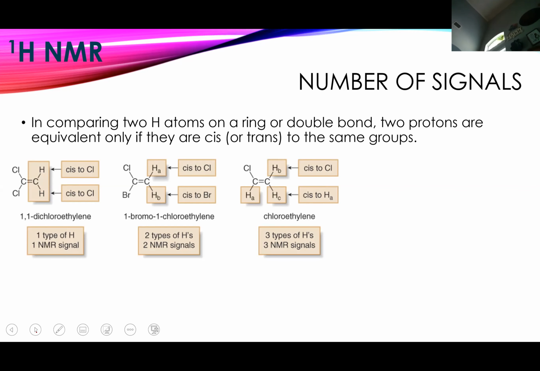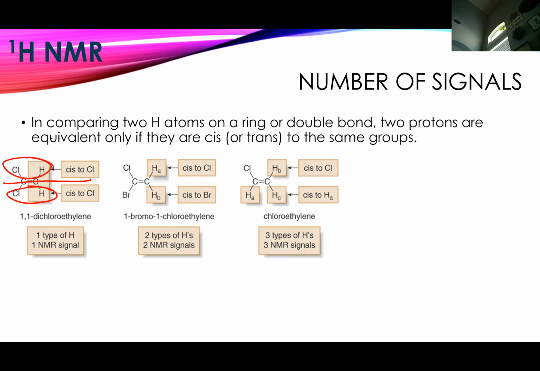So when you're comparing 2 hydrogen atoms on a ring or a double bond, the 2 protons are equivalent only if they're cis or trans to the same groups. So in the molecule here on the left, these hydrogens are identical because they're both cis to a chlorine. The other way to look at this is there is a plane of symmetry running right through this molecule.